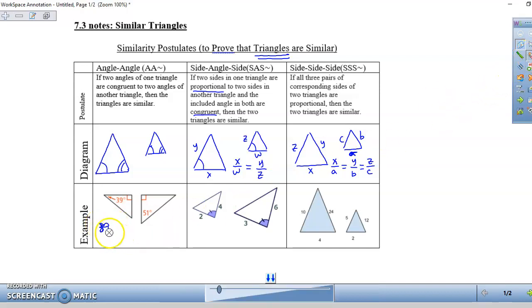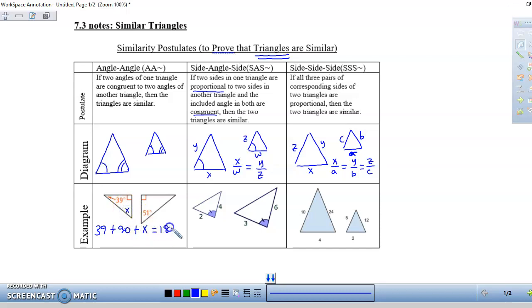Okay, so if I have 39 plus 90 plus, and I don't know what this is, X, add those up to 180, subtract these two off, and you do get 51 degrees.